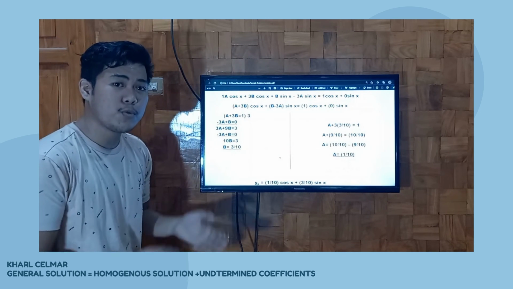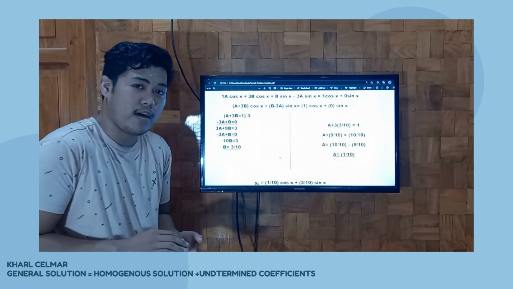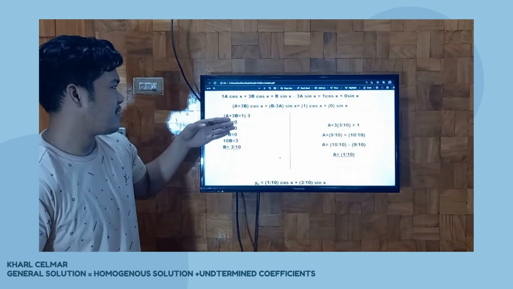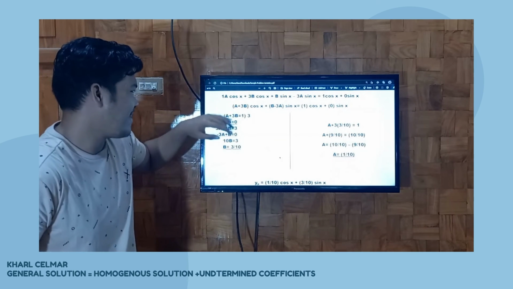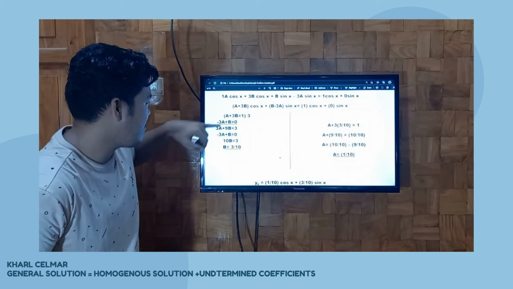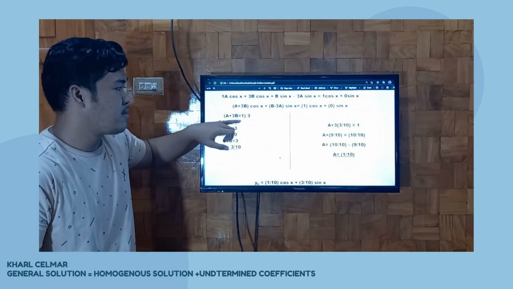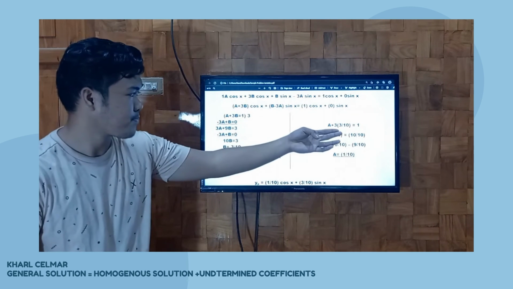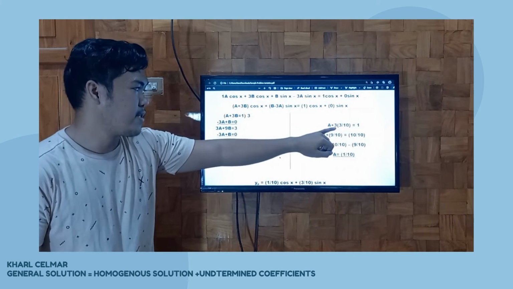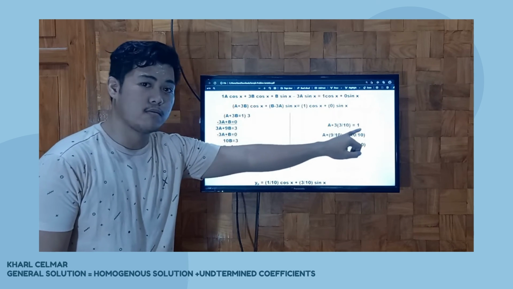Since we have the value of b, we can now find the value of a in this expression, which is here. A plus 3b is equal to 1. So we can use it to find the value of a. So here, a plus 3b, where b is equal to 3 over 10, is equal to 1.